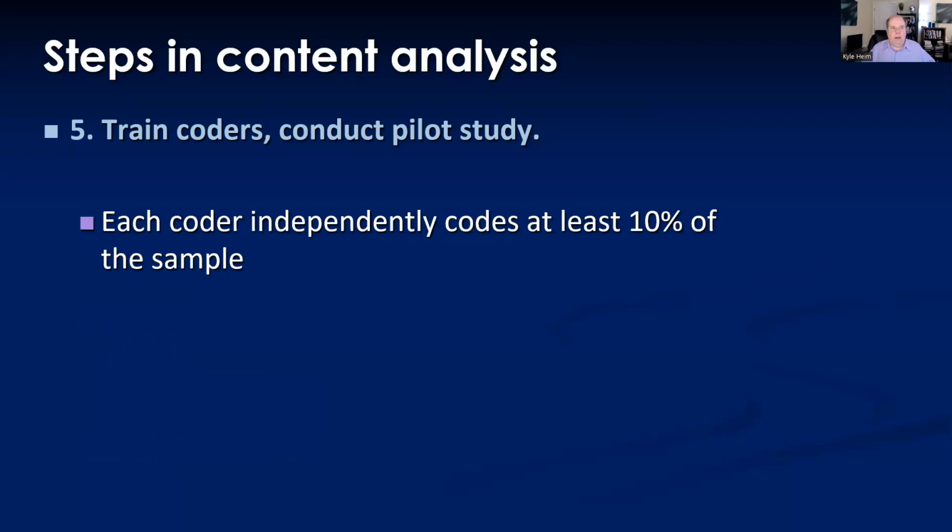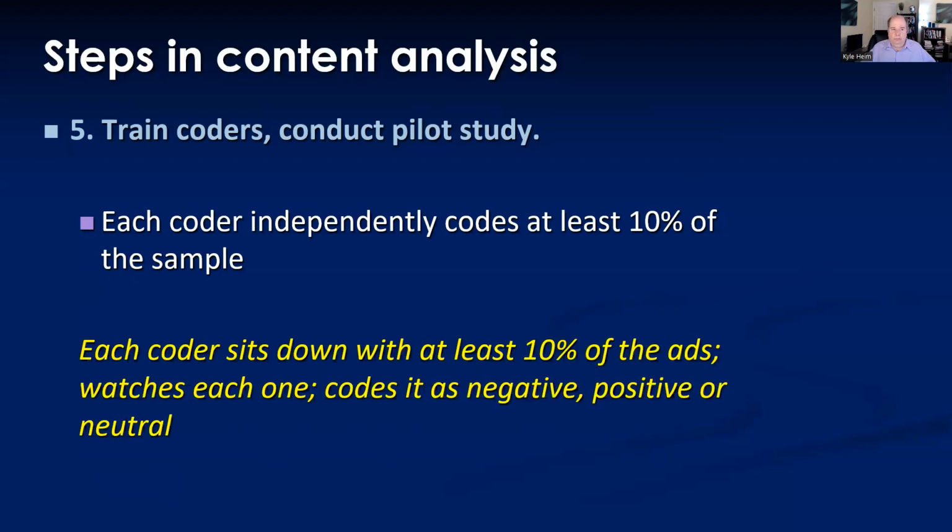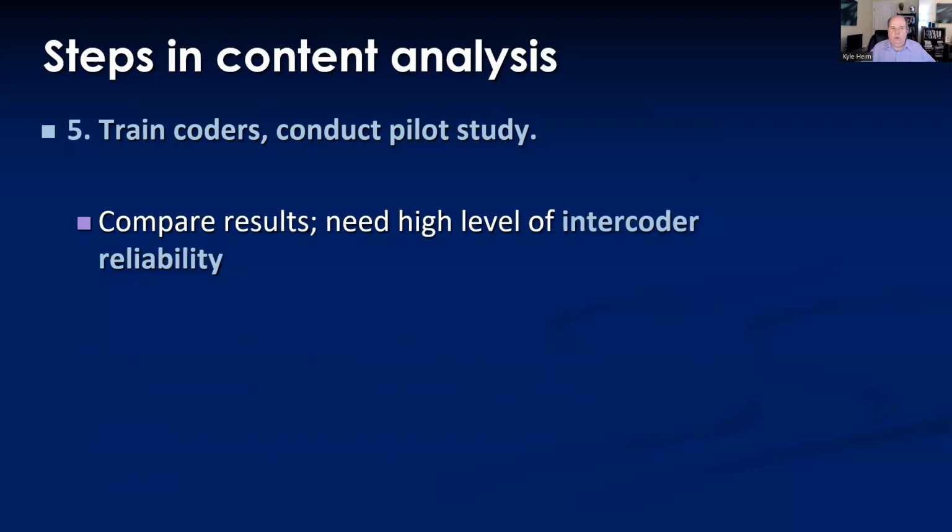So if you were doing a study of 100 political ads, you and your second coder, or possibly even a third coder, would need to each independently code at least 10 of those ads. Each coder sits down with at least 10% of the ads, watches each one, codes it as negative, positive, or neutral. And then you need to compare your results.